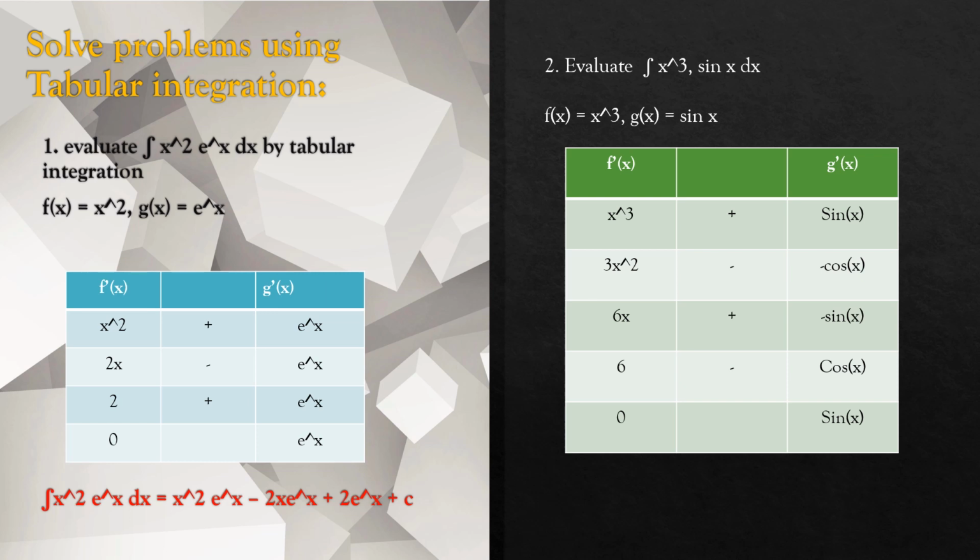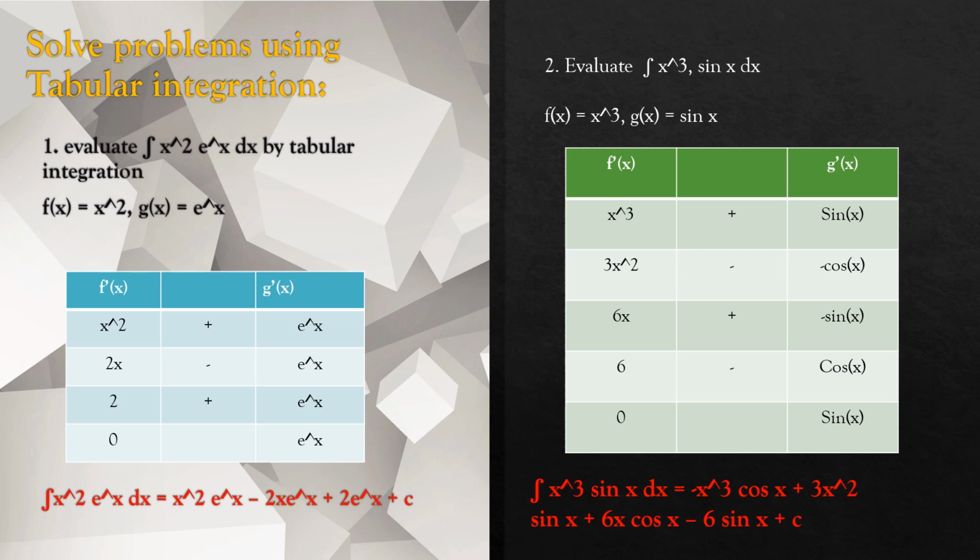To get the answer, we multiply the first term of the differentiation by the second term of the integral, which is positive x raised to 3 times negative cosine x, giving negative x raised to 3 times cosine x.